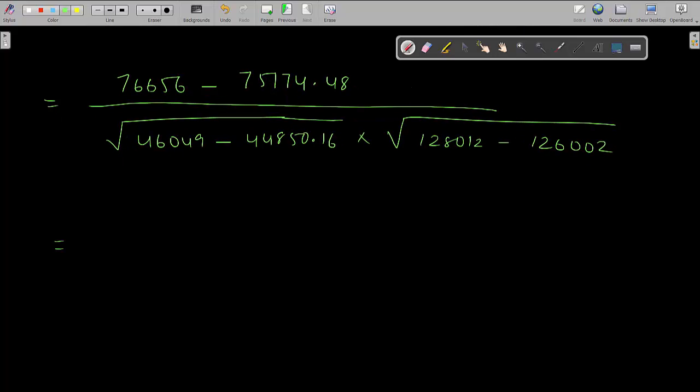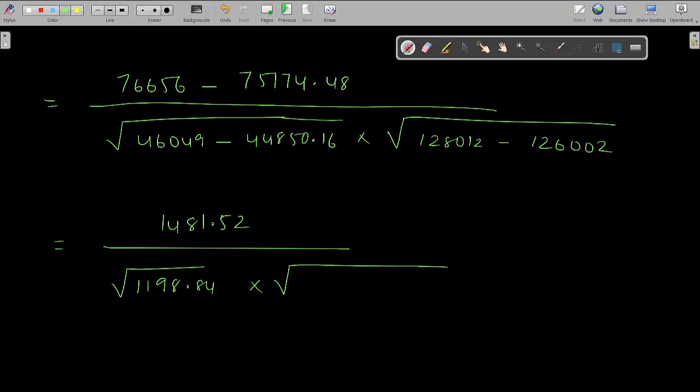Now, if you subtract 76656 minus 75174.48, you should get 1481.52. If you subtract the other values, you should get square root of 1198.84 into, next, 2010.